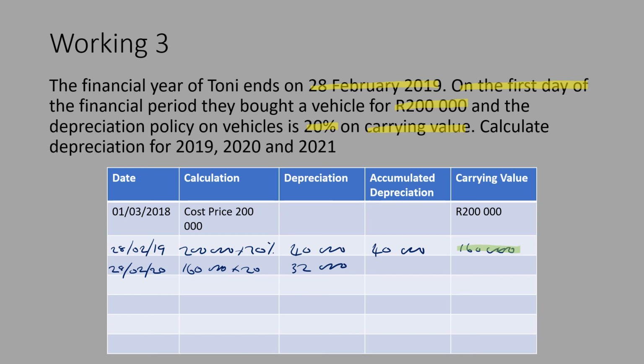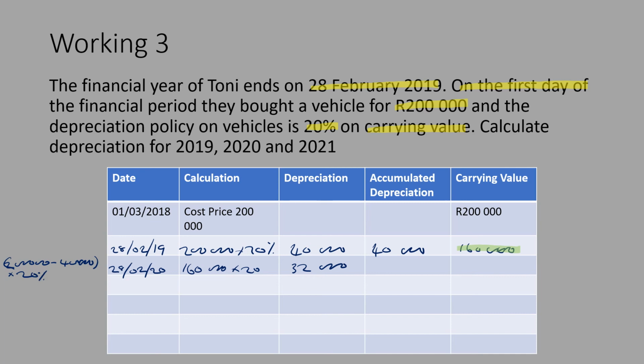But if you don't have access to this table, this is what you're going to do. You're going to say 200,000 minus accumulated depreciation, which is 40,000, all in brackets, then multiplied by what? By 20%.